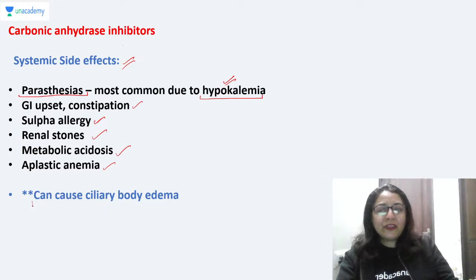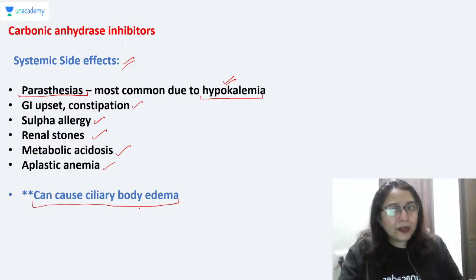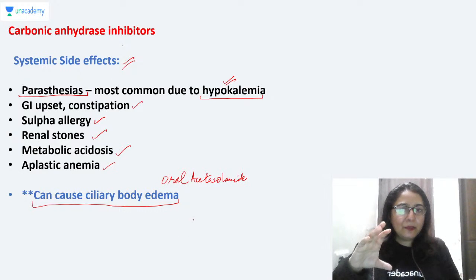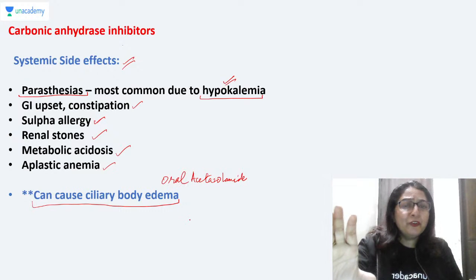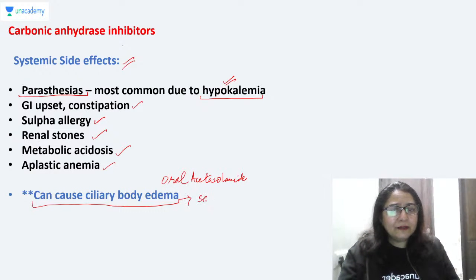And one very interesting side effect of oral carbonic anhydrase inhibitors is that they can cause ciliary body edema. Your oral acetazolamide can cause edema of the ciliary body. Imagine if there is edema of the ciliary body, that will push the iris in front and lead to a secondary angle closure.